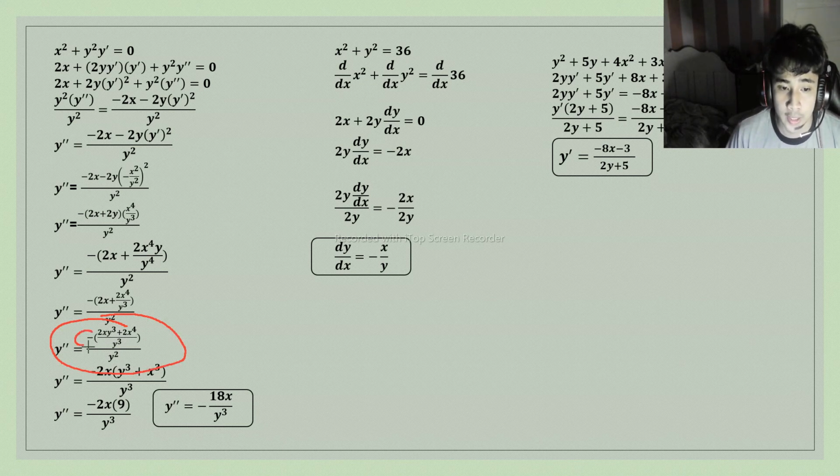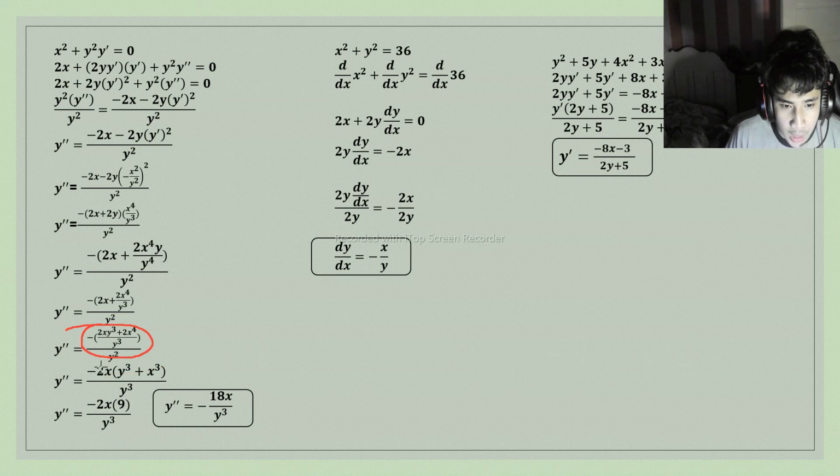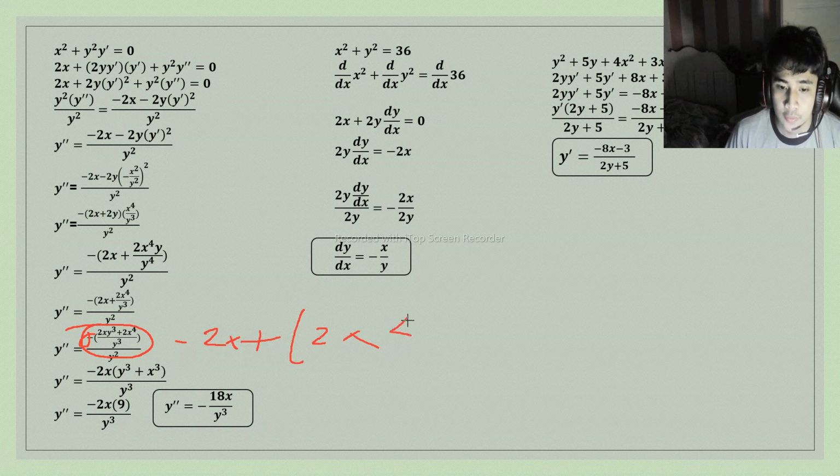Don't forget the negative there, guys. So, pagkatapos nun, pwede nating i-factor yung 2x, tatanggalin natin yung 2. So, negative 2x, kasi may negative dito, don't forget, plus 2x raised to 4.